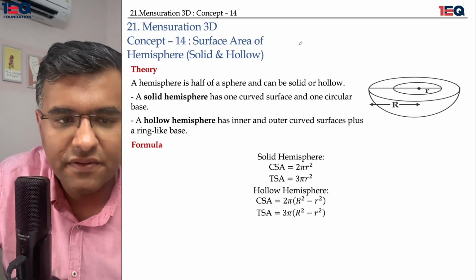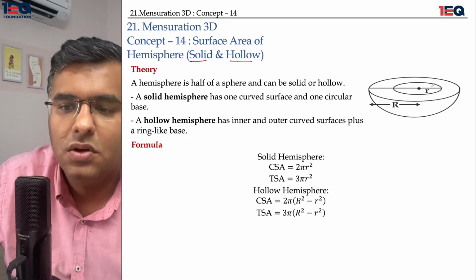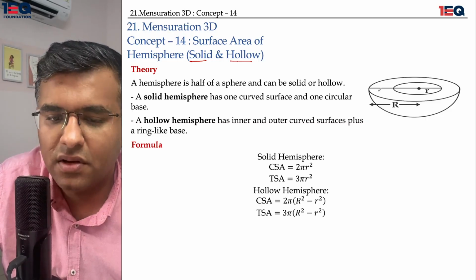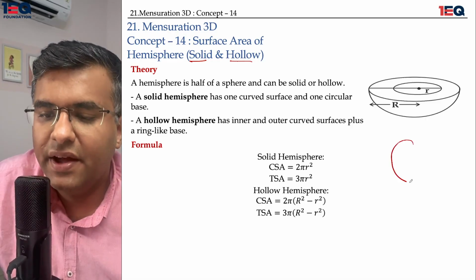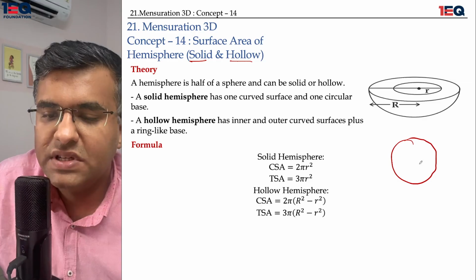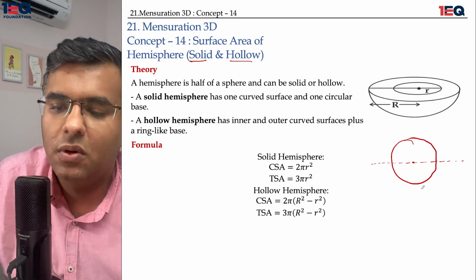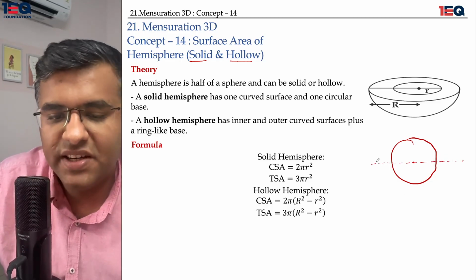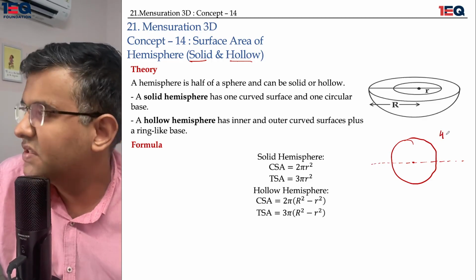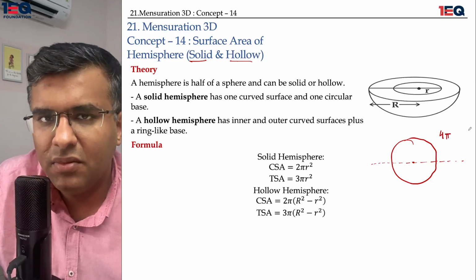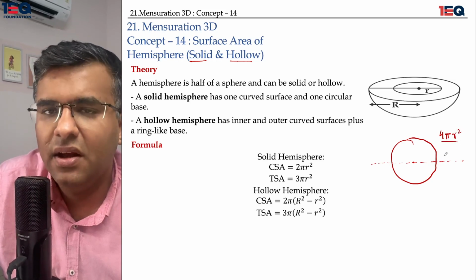Now, surface area of a hemisphere, be it solid or be it hollow. In the case of hemisphere, what really happens is that it's a sphere which is cut into two equal parts. If we have a complete sphere, the total surface area would remain the same, which is going to be 4 pi r square.